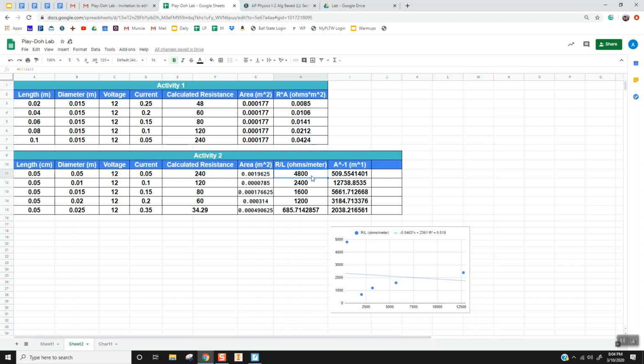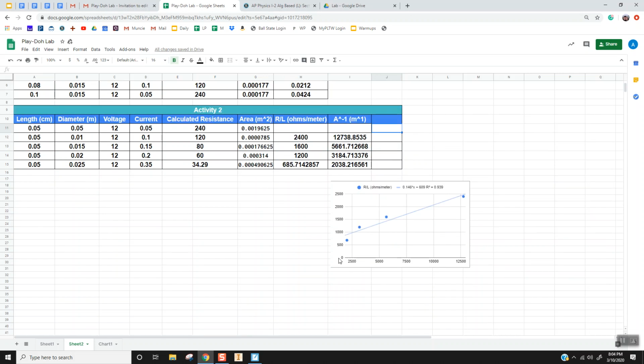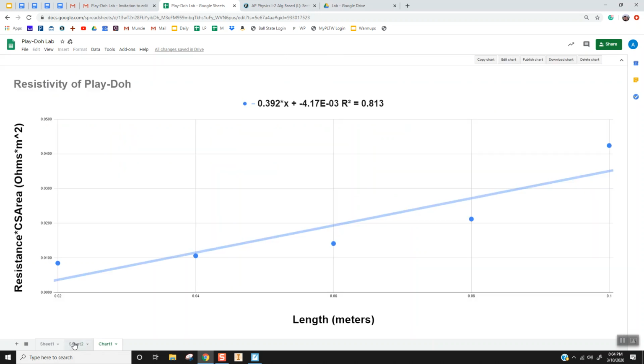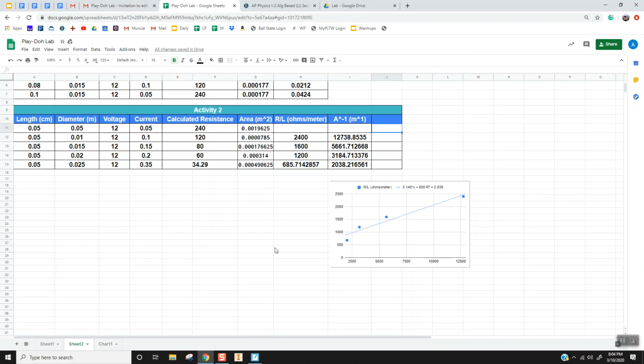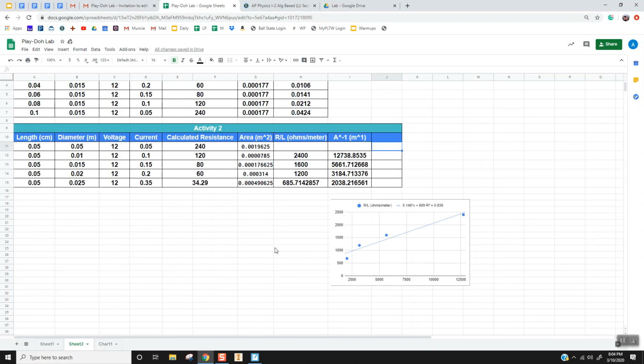I wonder if I take away my first data point, we get pretty close to our original number there. So I'm going to go with that number.